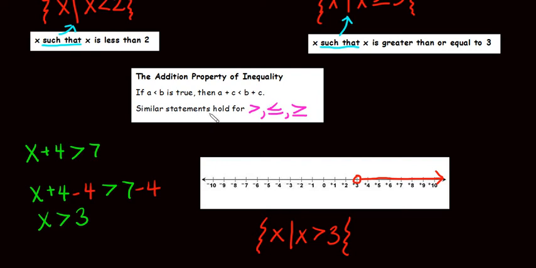This statement is true if this were greater than, or less than or equal to, or greater than or equal to. So if you have a number and it's already less than another number, if you add the same number to both sides, it's still going to be less.